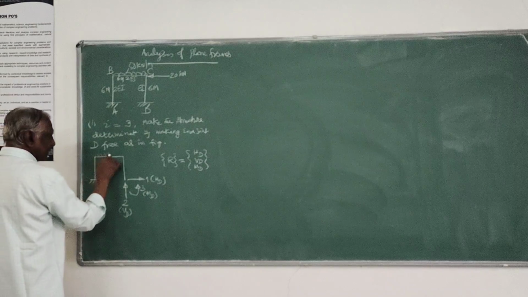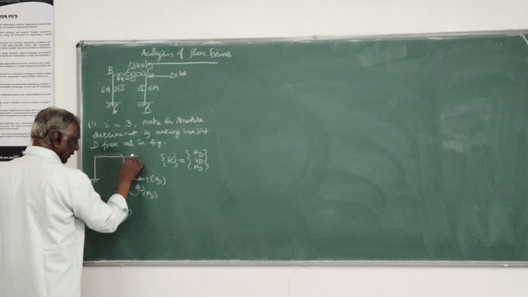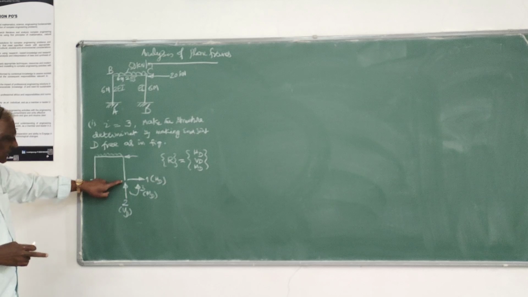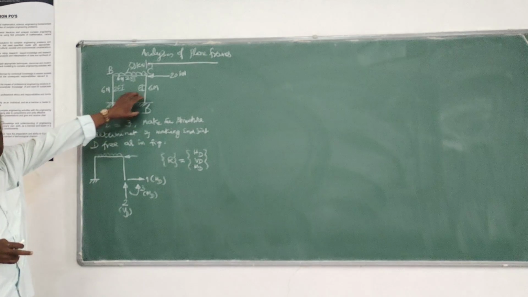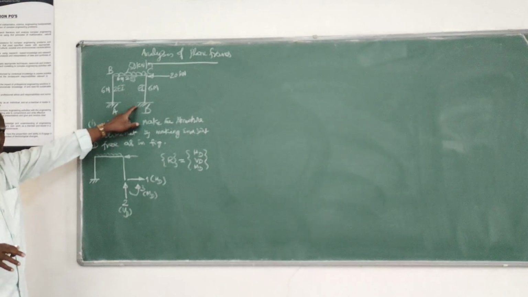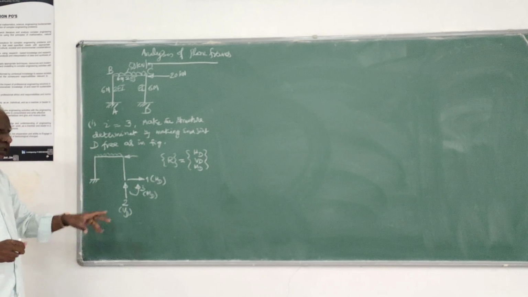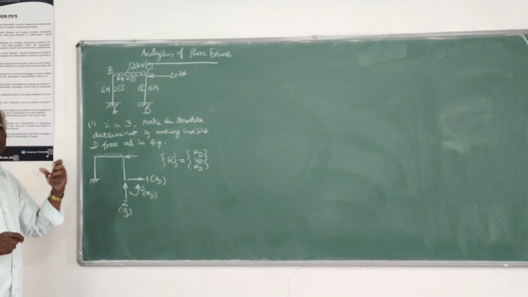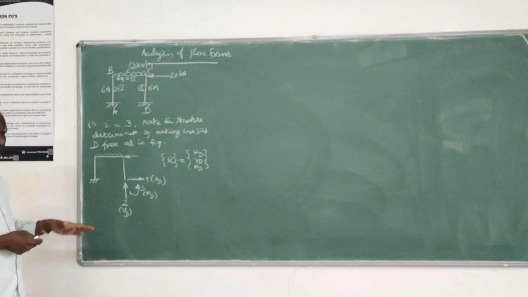And now this is subjected to external loading like this, since I have removed these three reactions. And at these three reactions earlier, there was no displacement occurring because it was fixed. But now since I have removed that, displacement will occur. This is called inconsistency in deformation.